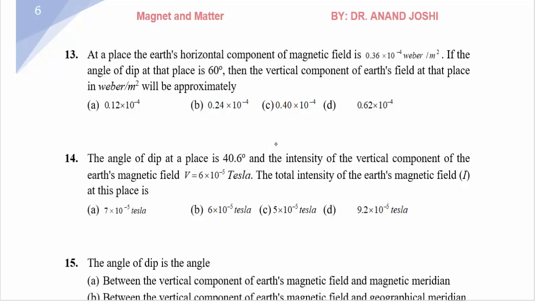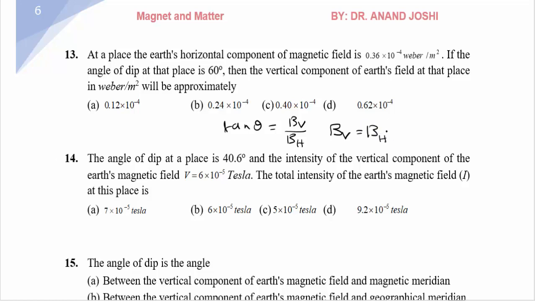If the angle of dip at that place is 60 degree, find the vertical component of the Earth's magnetic field. So very simple, tan theta equal to BV by BH. Simple formula. Now what about BV? Vertical component, it is asked. BV equal to what?